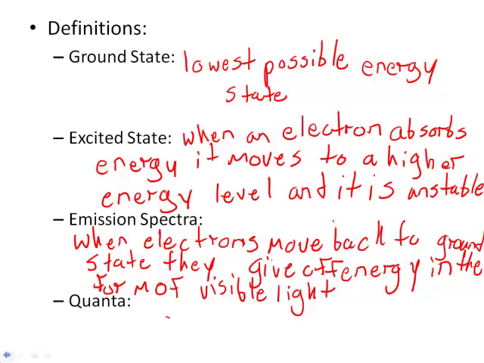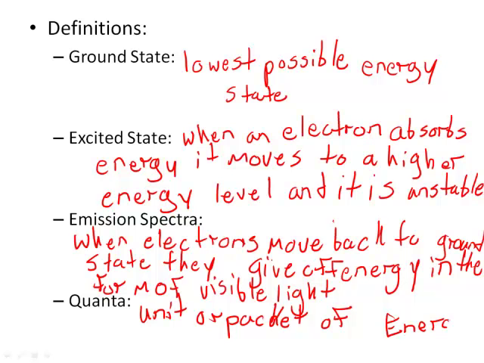What I mean by a quantized amount is that it's a specific packet of energy, basically a discrete unit. So a quanta is a unit or packet of energy, basically.